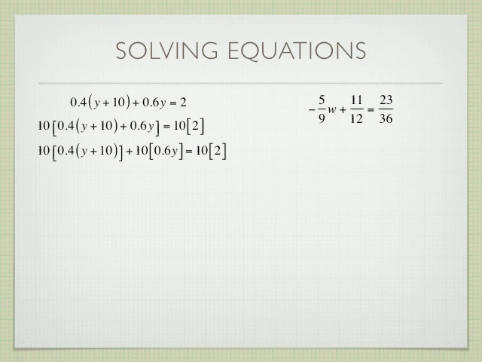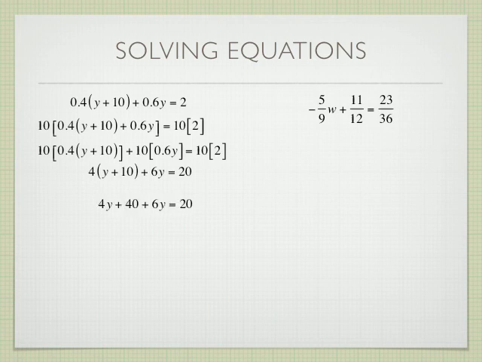And I multiply 10 to the 0.6y. Notice that 10 only multiplied to the 0.4. It does not multiply into the y and the 10 inside. Because if I multiplied it in both places, I'd really be multiplying that term by 100. I have to only choose one. And since 0.4 has the decimal to clear, that's where I multiply the 10 on that term.